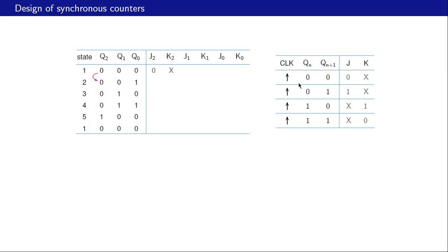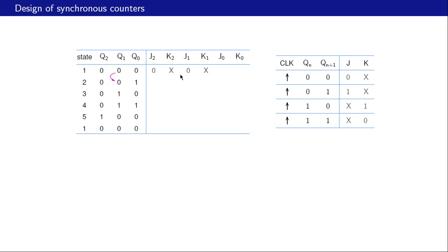We look at this row, Qn is 0, Qn plus 1 is also 0, therefore J is 0, K is X. J is J2 here and K is K2, so therefore we write 0 and X over here. What about Q1? The same transition, so 0X again for J1, K1.